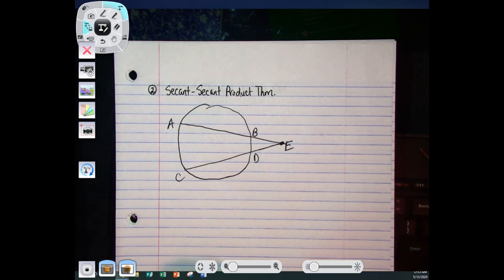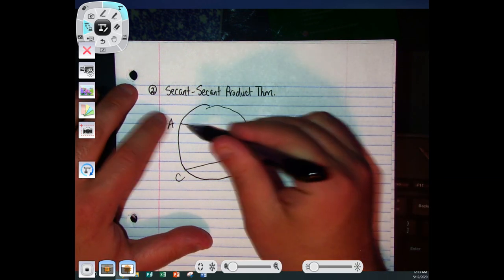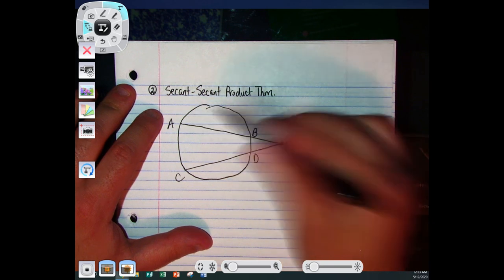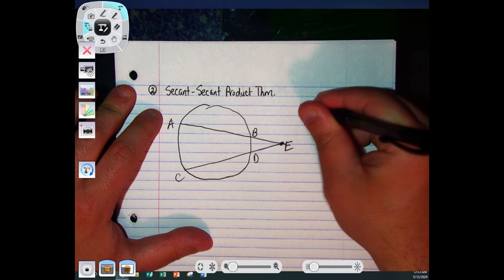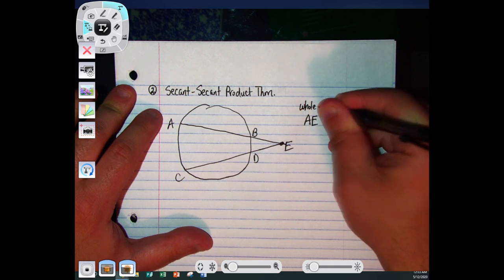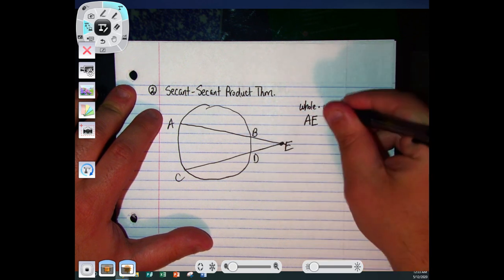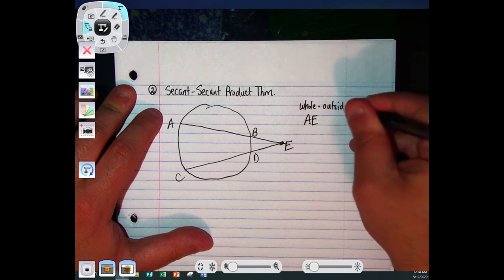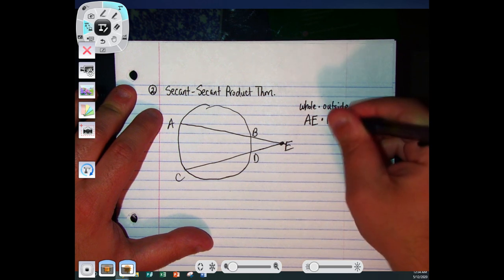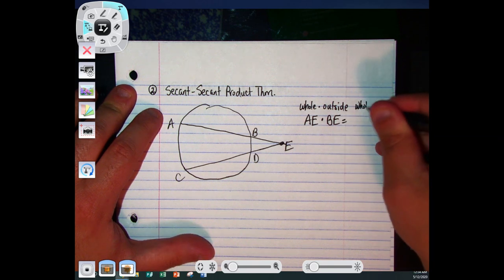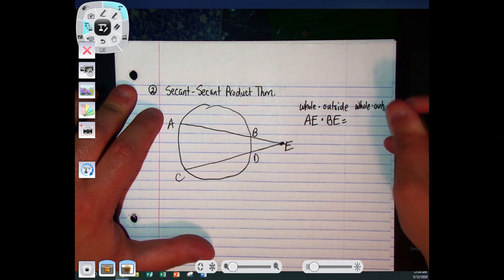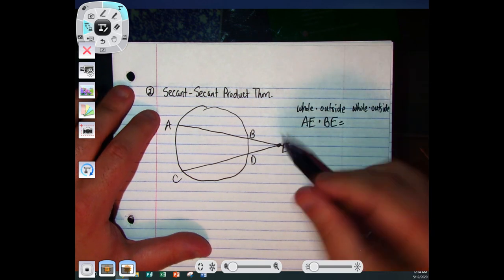The secant-secant theorem says that if I take the length of this entire secant AE, which is the whole, and I multiply it by the outside part, which is BE, that's equal to the whole times the outside of the other part.